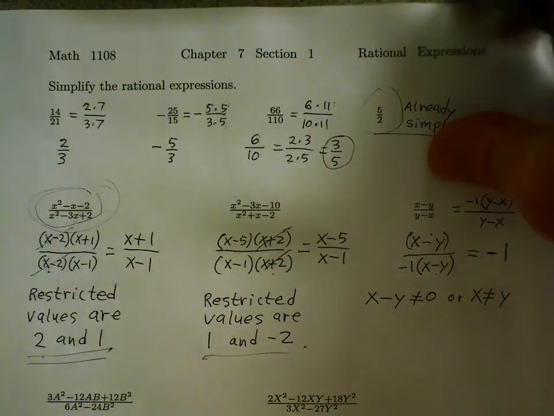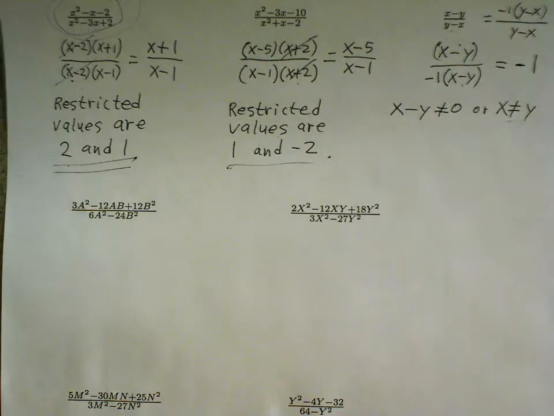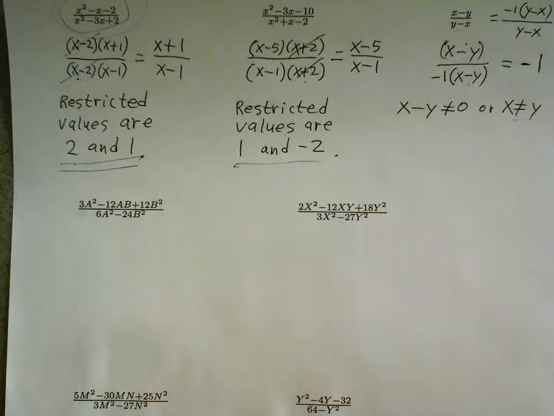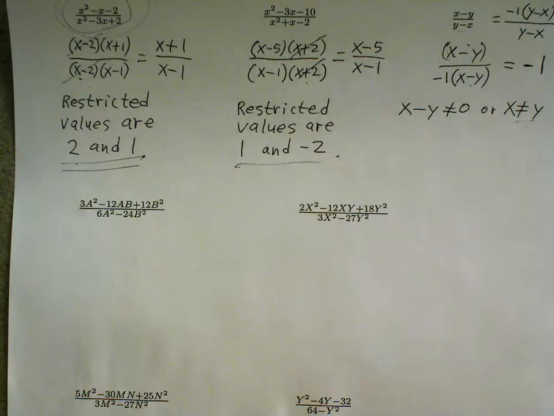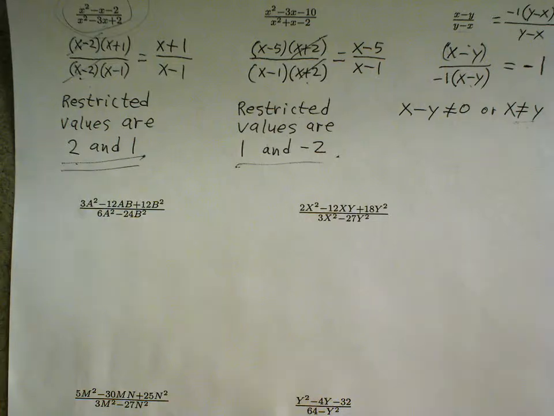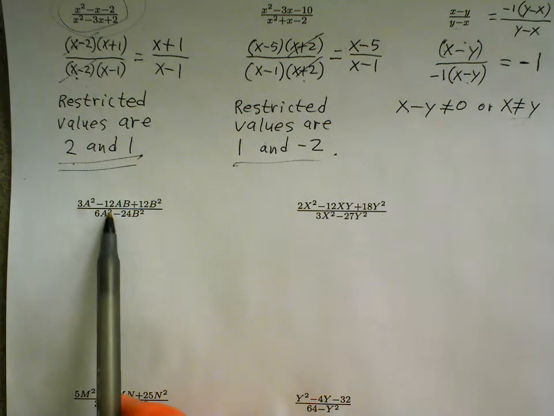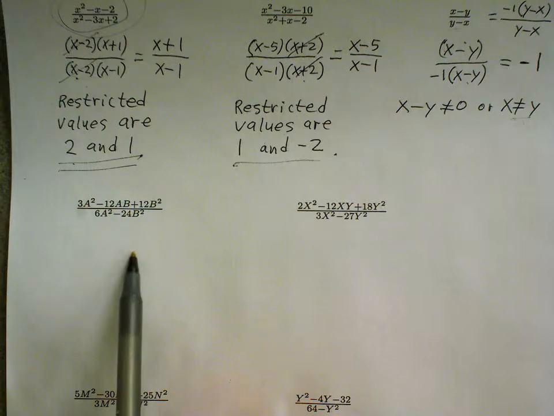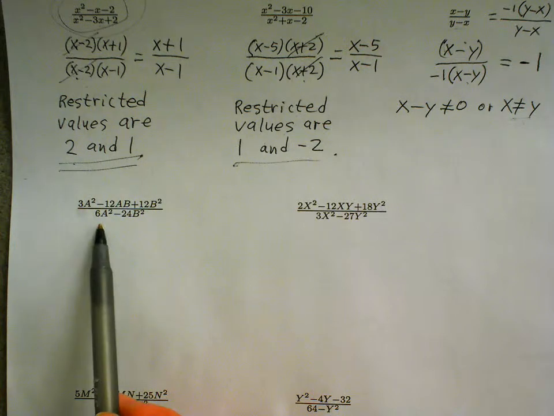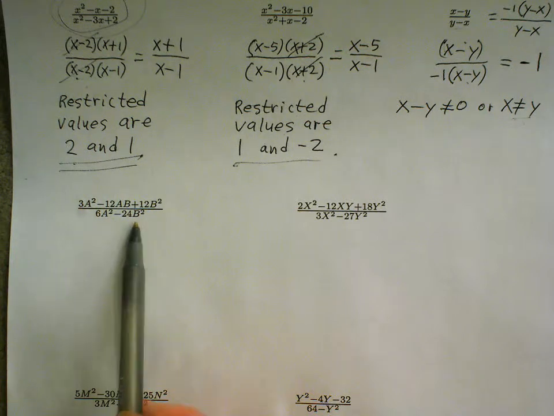Okay, let's look at the next one. So this one, 3a to the second minus 12ab plus 12b to the second divided by 6a to the second minus 24b to the second.